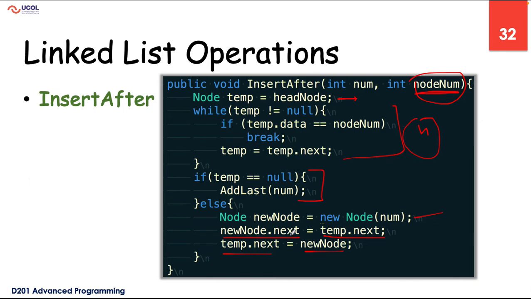In this way we first create the pointer of the temp dot next into the new node dot next, and then move the temp dot next to the new node. And this is how we can add. And again, if you look at the complexity, it depends on this particular part, and it is O n, linear complexity.